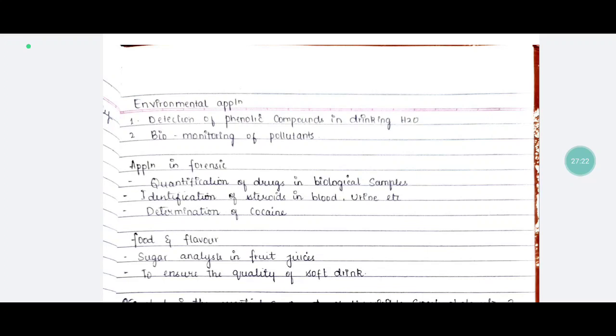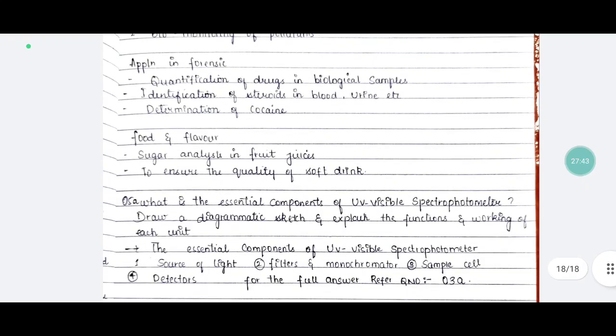And the application for forensics: quantification of drugs in biological samples, identification of steroids in blood and urine, determination of cocaine, and lastly food and flavors. Sugar analysis in fruit juices to ensure the quality of soft drinks.